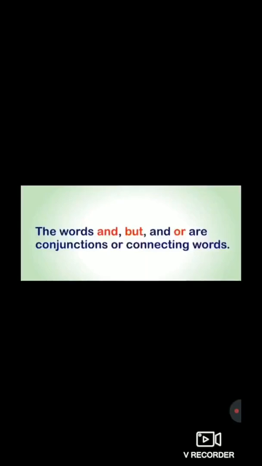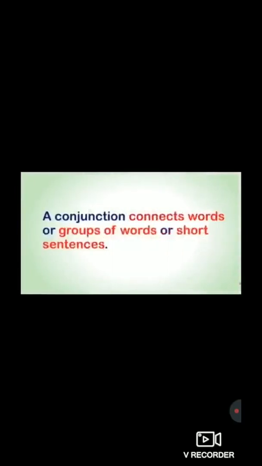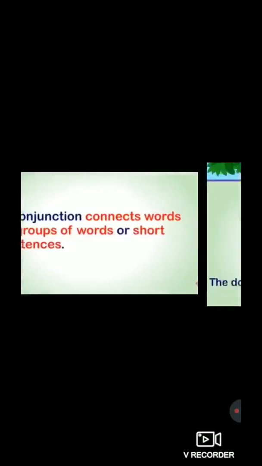So students, in the conjunction what are we going to use? Yes, the words are and, but, or. Right students? To join a word or a sentence. So students, a conjunction connects words or groups of words or short sentences.